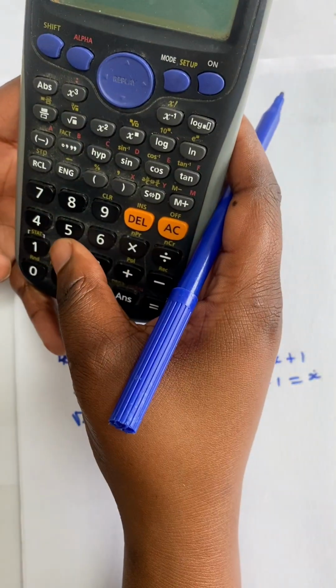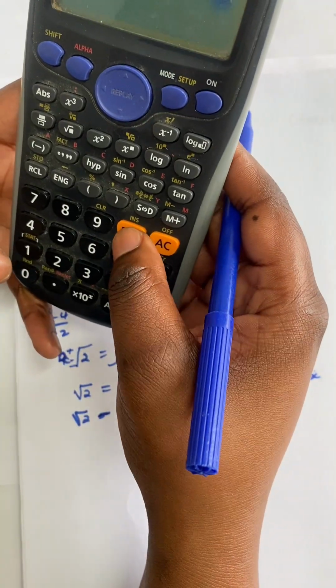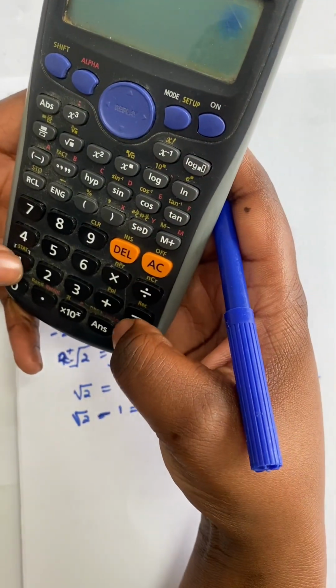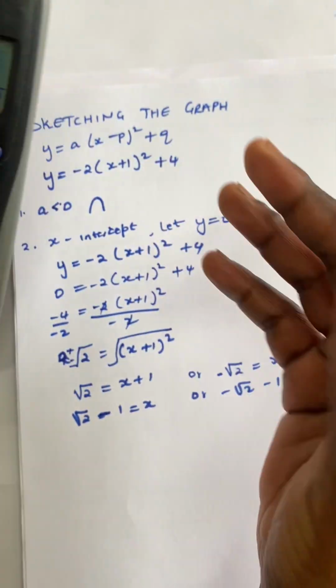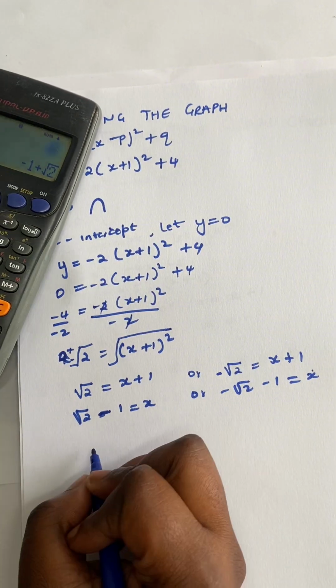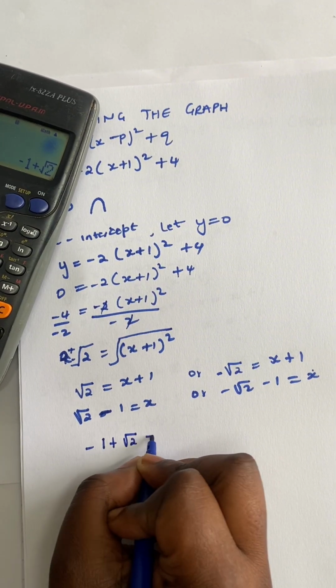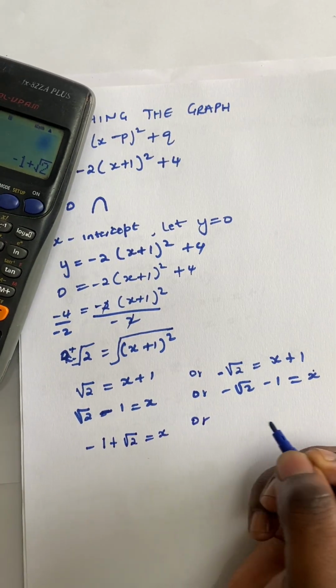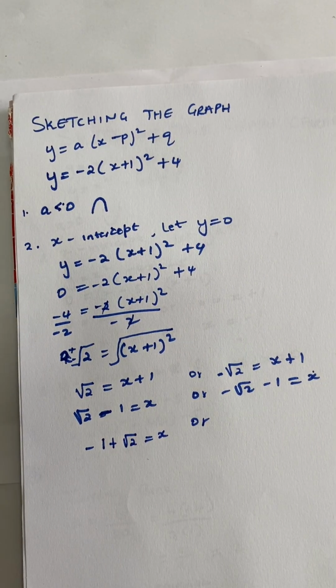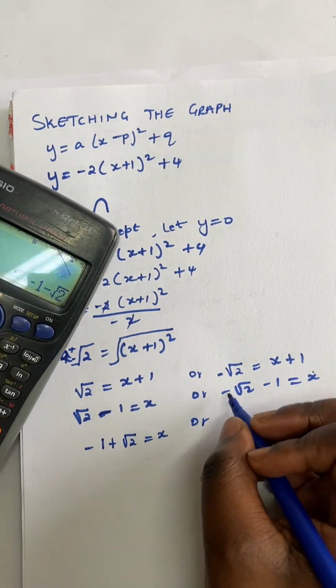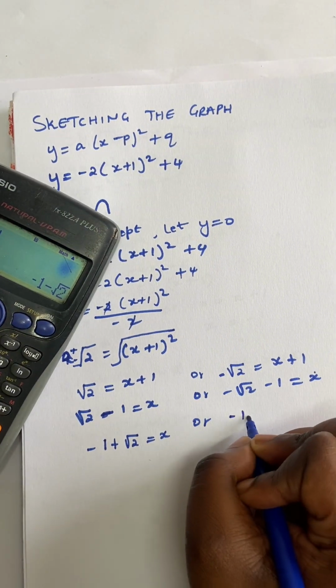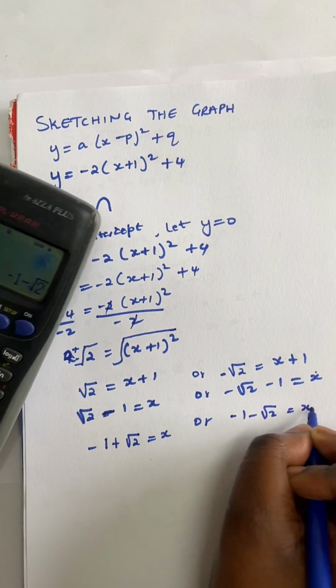Remember 1 is outside. It's going to be -1 plus root 2 is equal to x, or -1 minus square root 2 is equal to x.